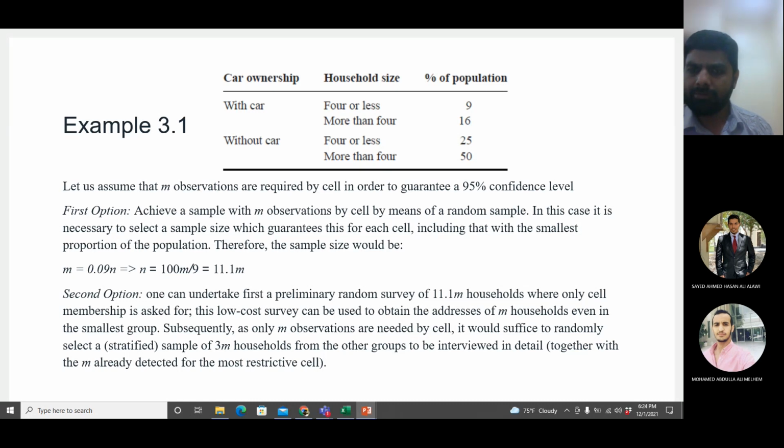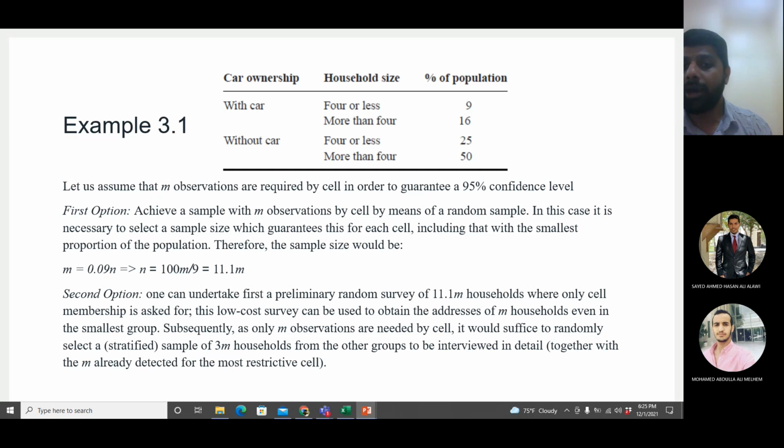You collect 4 times m, one for each category. But since when I go to a household randomly, I have more chance that this household will belong to this category than to the first category, right? Because in the entire population, there are 50% households which are without car and big households.